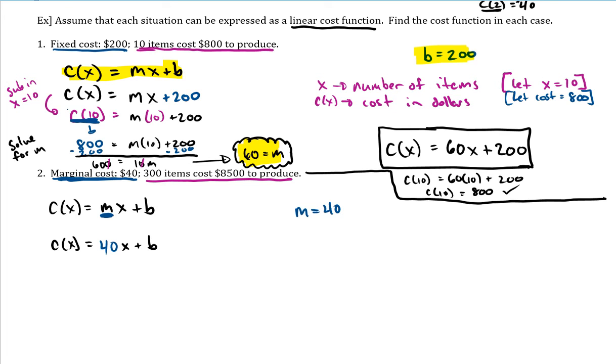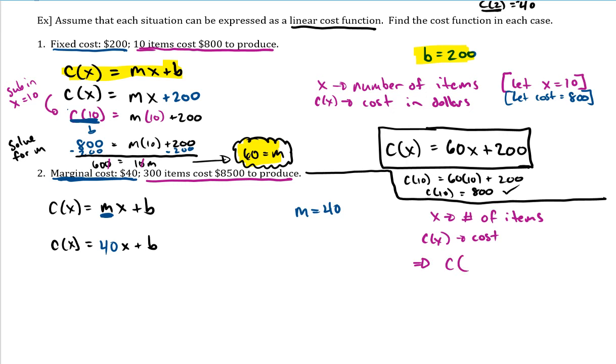Okay, so like before, the number of items is x. So let's put that over here. x is the number of items, and then our cost is c of x. So c of x is, again, the cost. And what they're telling us in this underlined purple is we're going to let 300 items go into x.